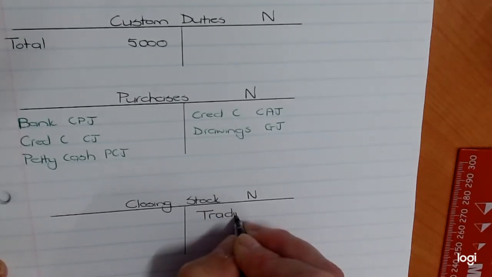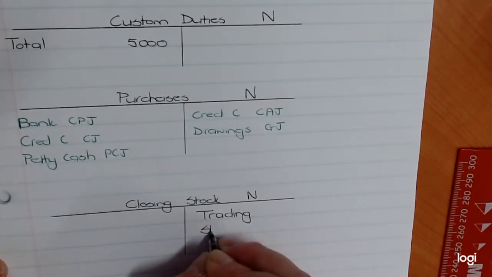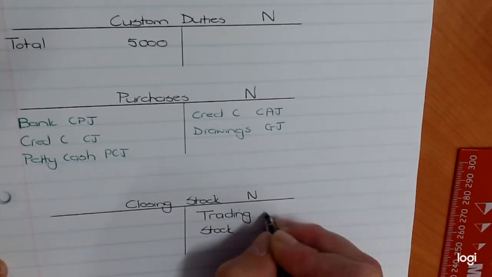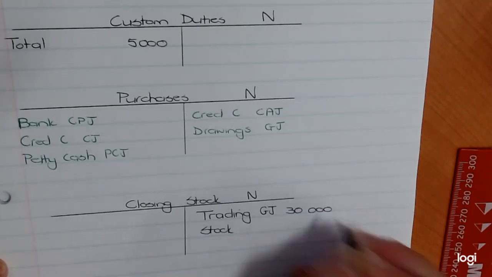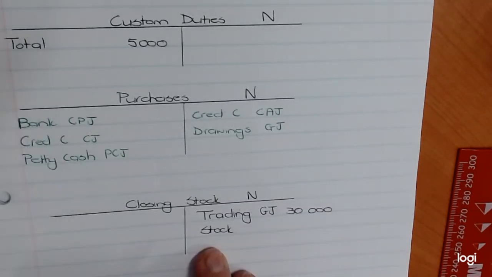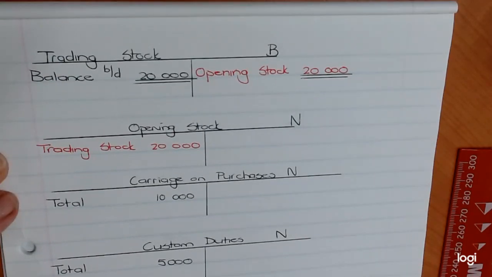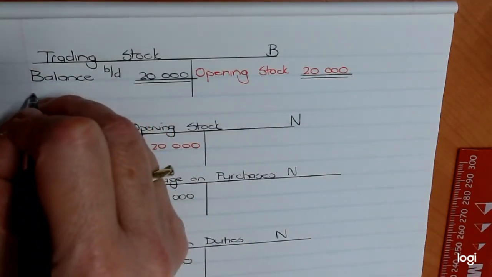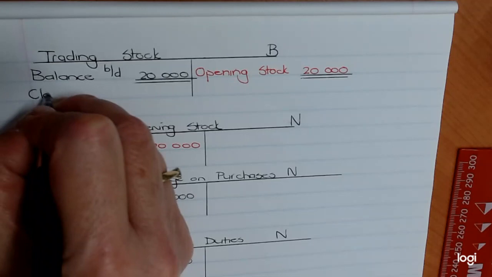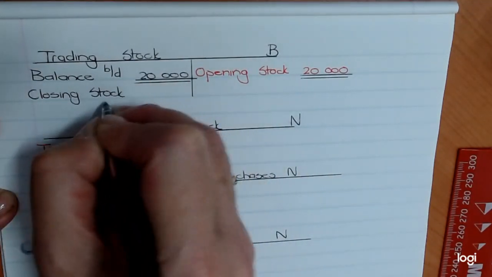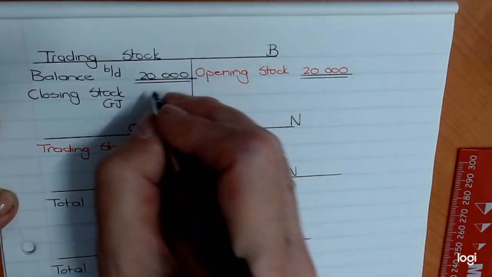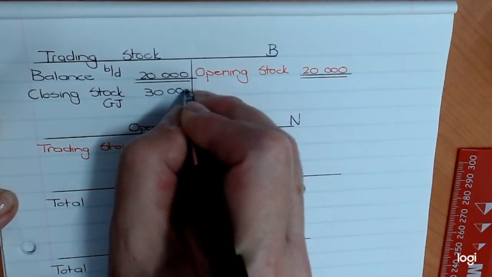And this is the first time now in the year that we're going to touch the trading stock account again. And we have trading stock as the contra account, so the closing stock then goes back to the trading stock with closing stock as the contra account via the general journal, 30,000.